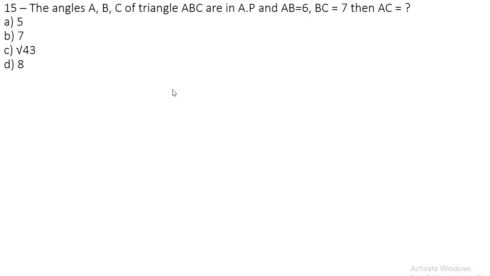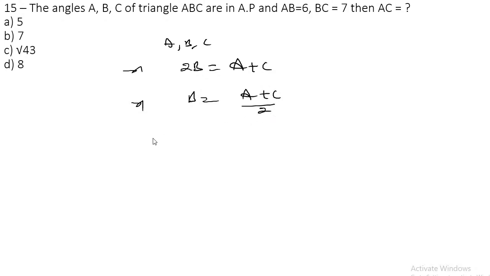The angles A, B, C of triangle ABC are in AP. So A, B, C are in AP. This implies 2B is equal to A plus C. And B is equal to A plus C by 2.